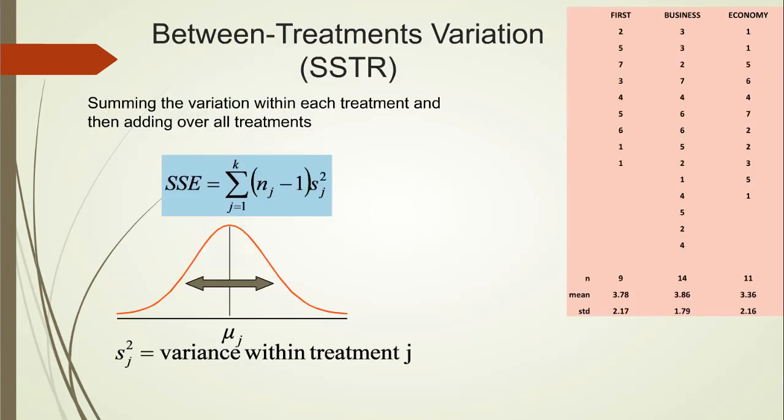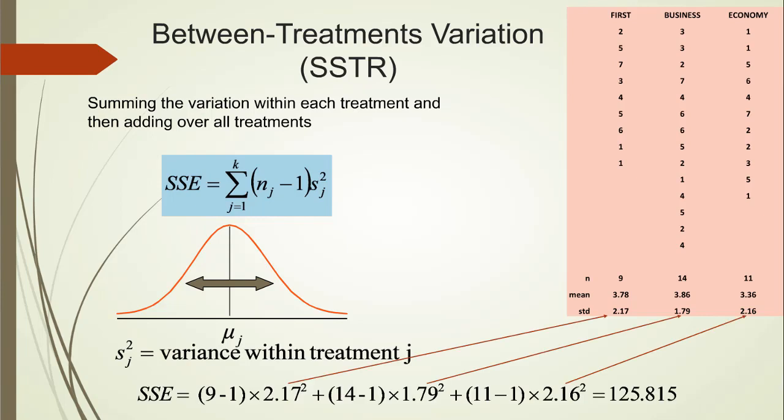The variation within each treatment is measured by the spread term, that's the variance or squared standard deviation. Using the sample information, mostly the sample standard deviations and sample sizes, we calculate the SSE to be 125.815.